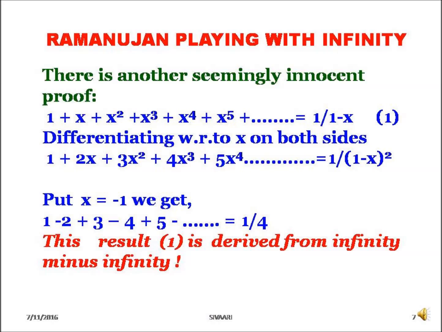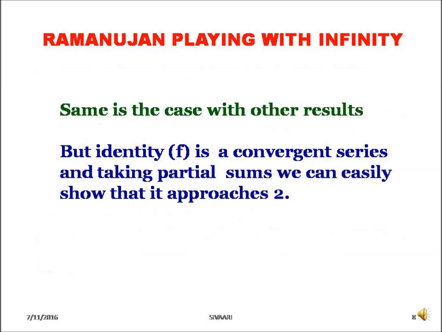Put x is equal to minus 1, we get 1 minus 2 plus 3 minus 4 plus 5 etc. is equal to 1 by 4. This result is derived from infinity minus infinity. Same is the case with other results. But identity F is a convergent series, and taking partial sums we can easily show that it approaches 2.